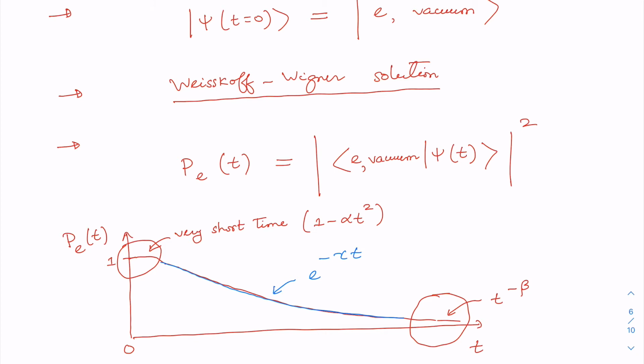The idea was to find the probability of getting the atom in the excited state at an arbitrary time t, considering initially the atom to be in the excited state and the field in the vacuum. This probability versus time was plotted, and it turns out that except for very short and very long times, it mostly shows exponential decay behavior.